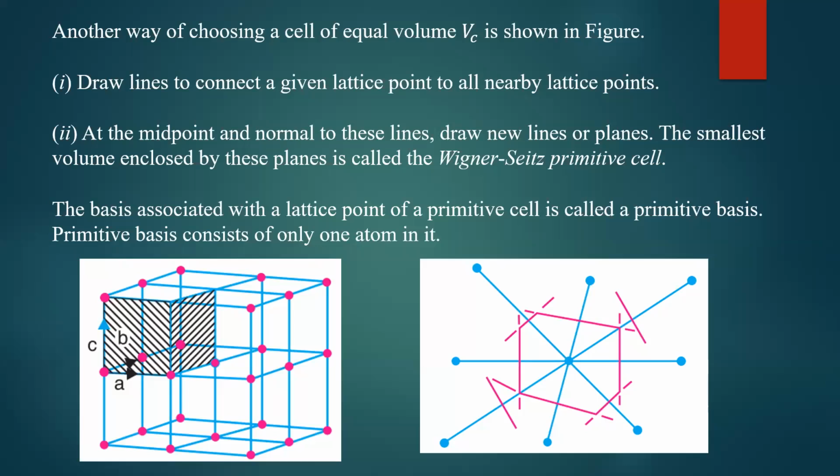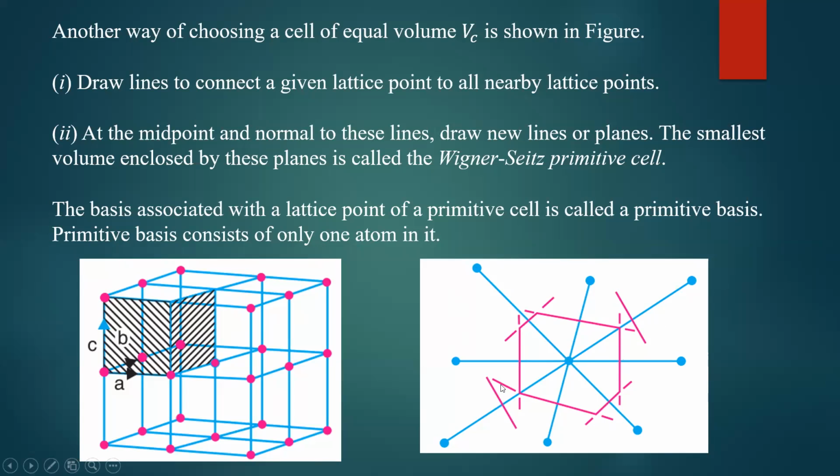Another method is you consider the lattice points, like a rangoli, then join all the points by means of straight lines. From this lattice point to this lattice point, this lattice point to here. Then you draw perpendiculars to these lines at their midpoints. Here you draw one perpendicular, here one perpendicular.